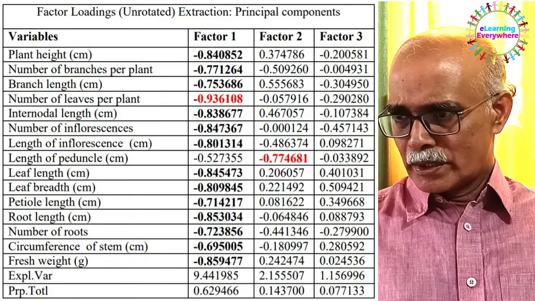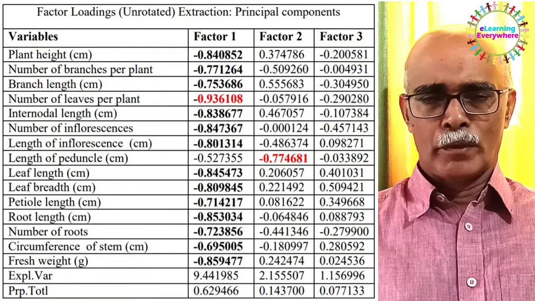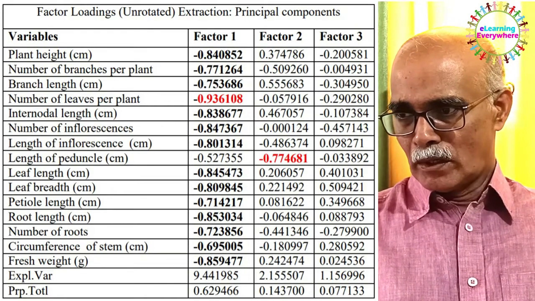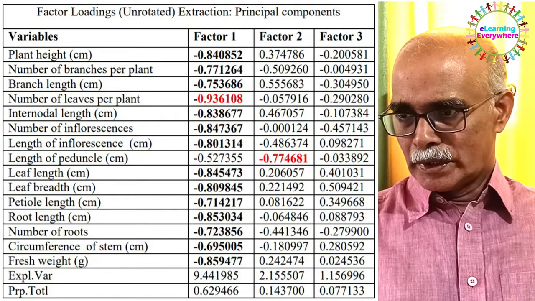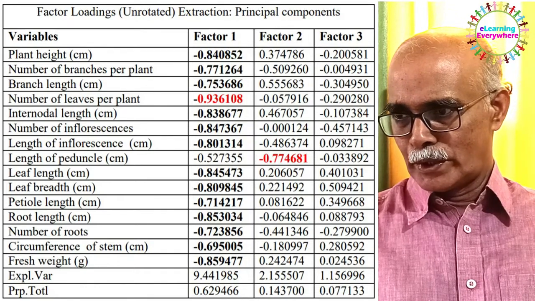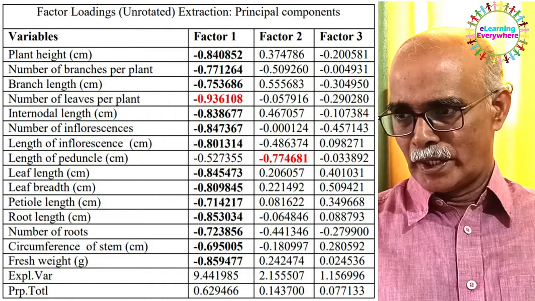Then leaf breadth contributes 0.809. The factor loading of root length is minus 0.85. The factor loading of fresh weight is minus 0.859 again.